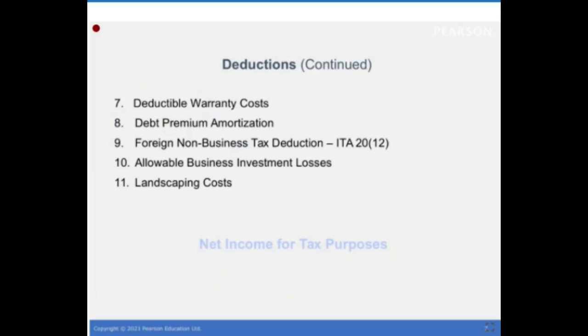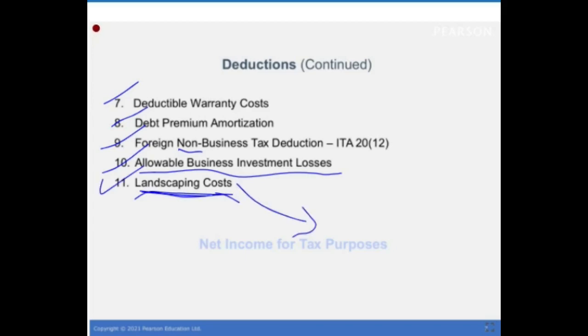And we got a few more. Warranty costs, debt premium amortization, foreign non-business tax deduction, allowable business investment losses, and this one's a weird one, randomly, landscaping costs. This one is kind of an oddball.